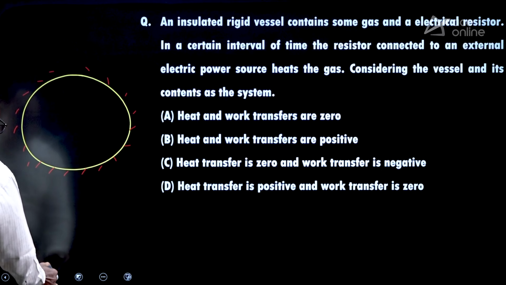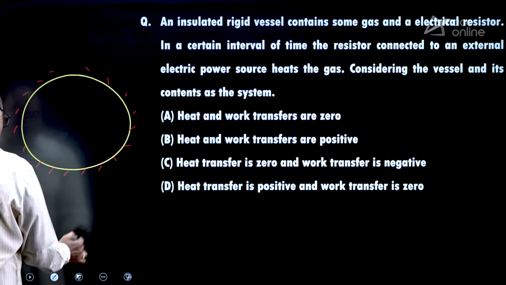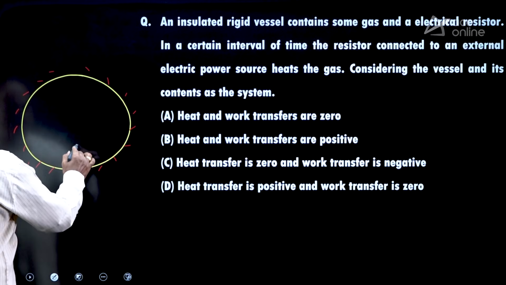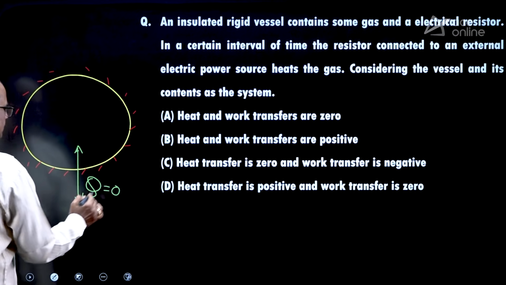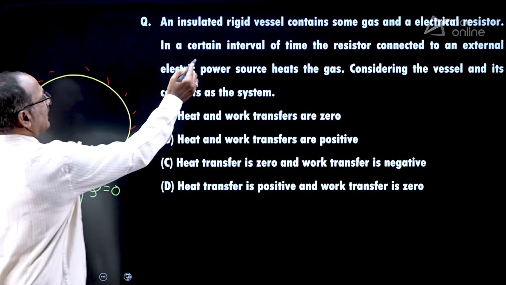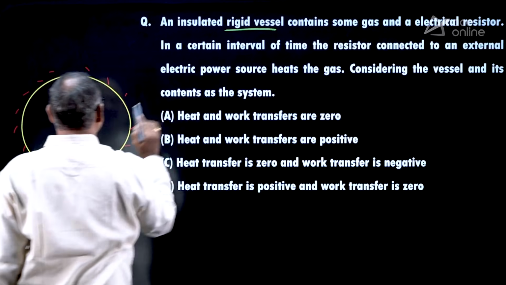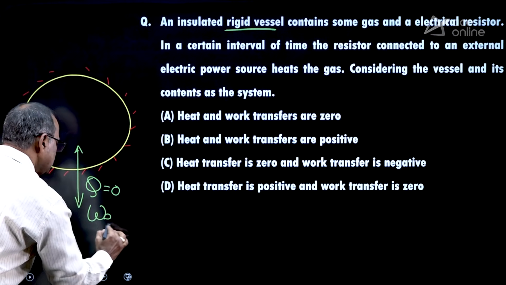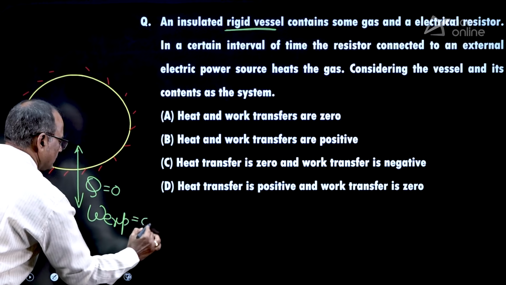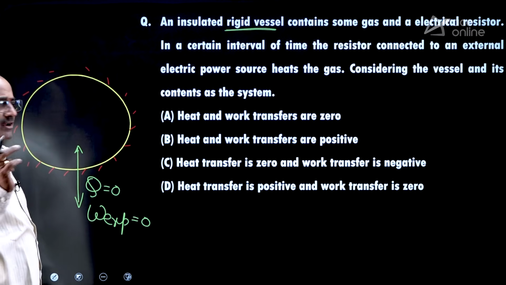Once it is perfectly insulated, there is no chance of heat transfer. Therefore, heat transfer Q equals 0. And it is given a rigid vessel. Rigid vessel means the boundary cannot be moving. Therefore, expansion work equals 0. Expansion work or boundary work is 0.